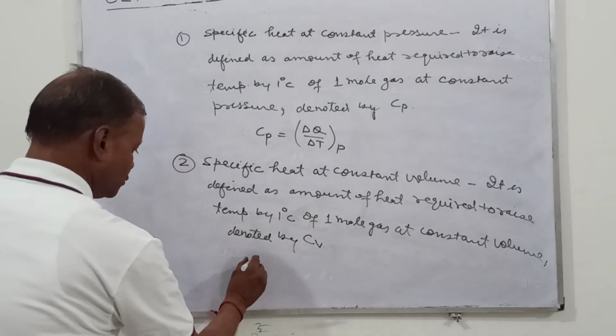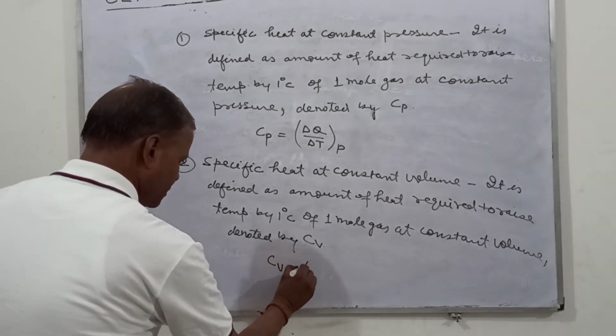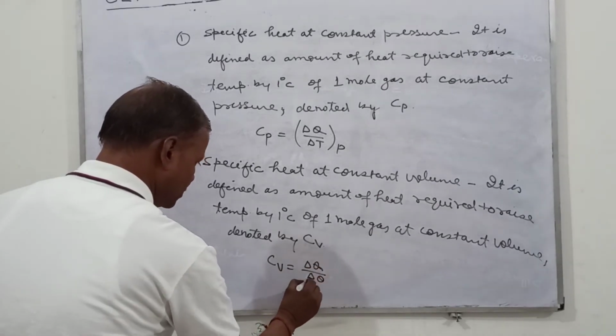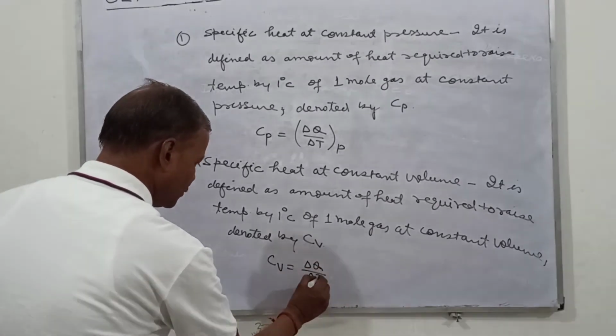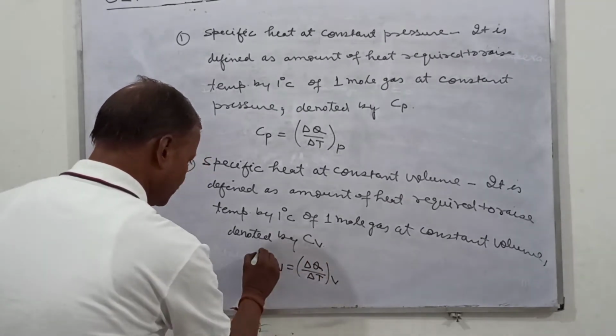So Cv is equal to delta Q upon delta T at constant volume.